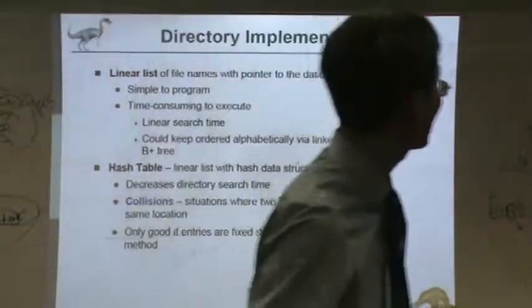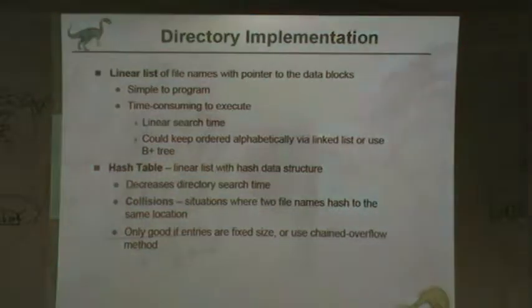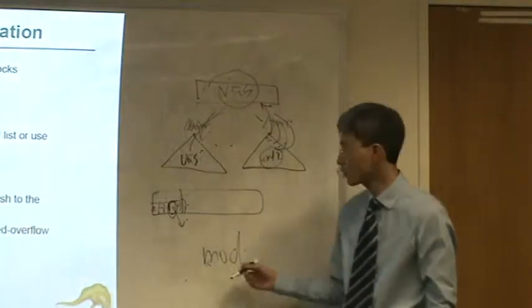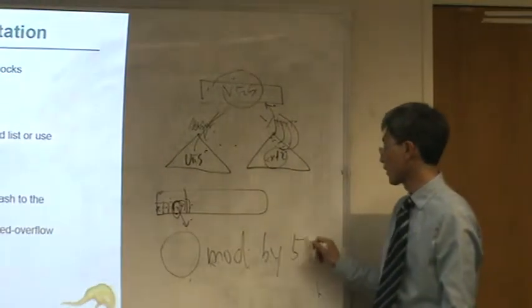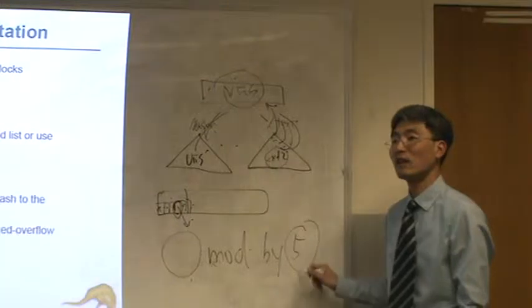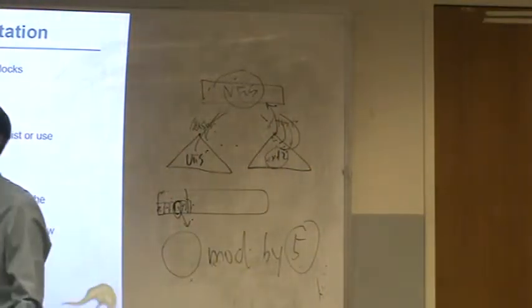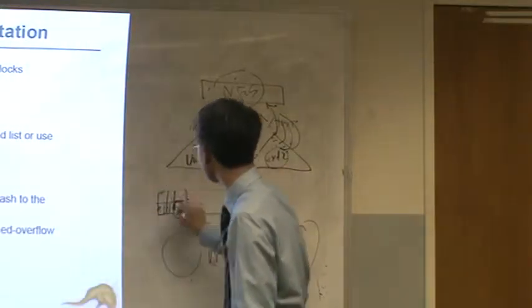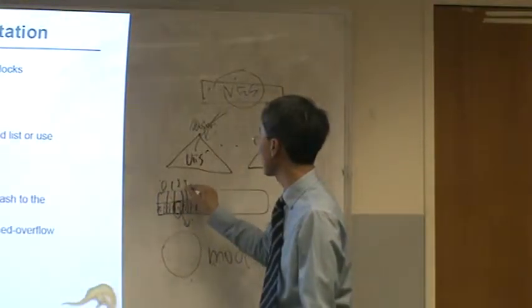We can use modulo as a hash function. This is the most popular hash function. Whatever the input is, take it modulo 5. How many hash keys? 5 hash keys. So for the hash table, there are 5 hash buckets, with hash values 0, 1, 2, 3, 4.